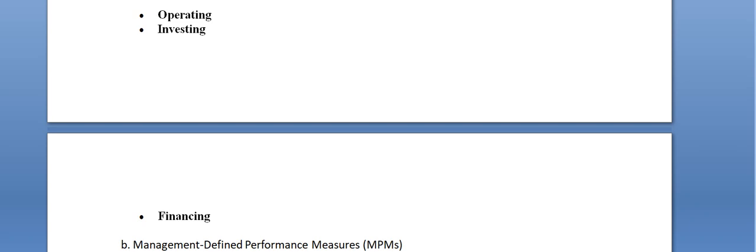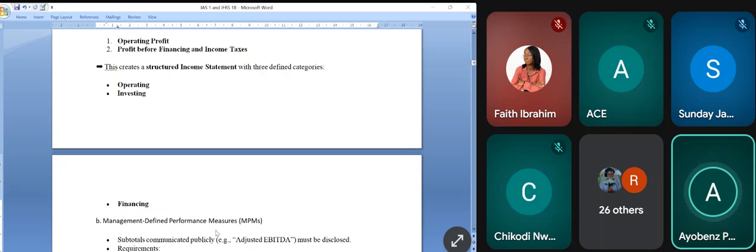But just understand that this is the new structure being put in place under IFRS 18. The essence of why I'm explaining is so that you will have a basic understanding before we take any of the examples. So the new structure under IFRS 18 is, we have another heading, operating. Under operating, we have your revenue, cost of sales, selling and distribution, and then you have what we call the operating profit.